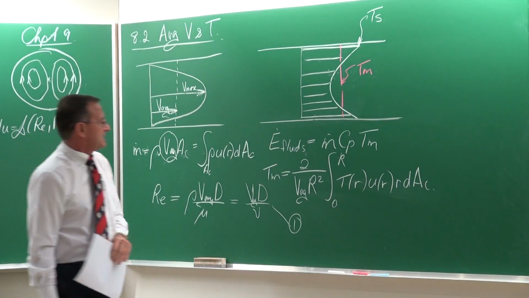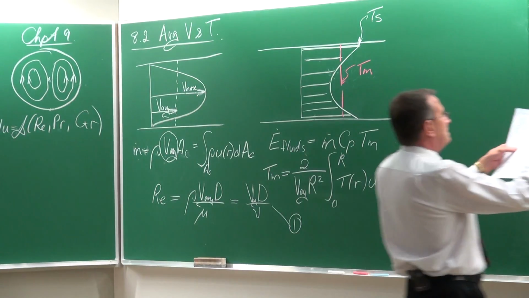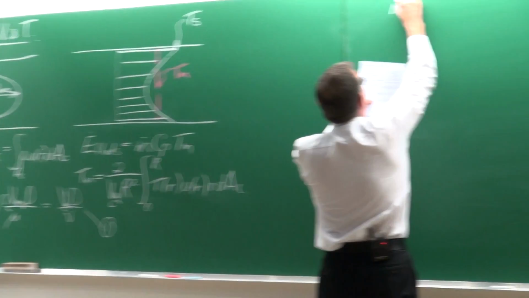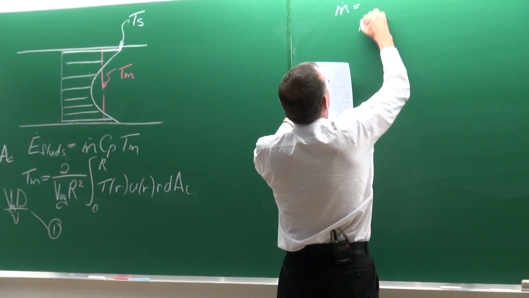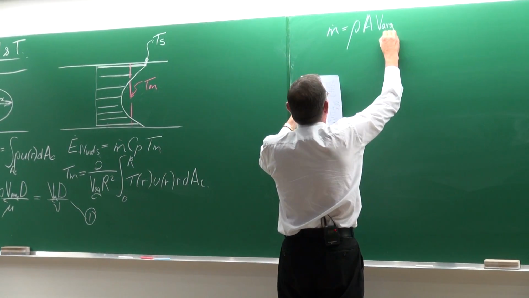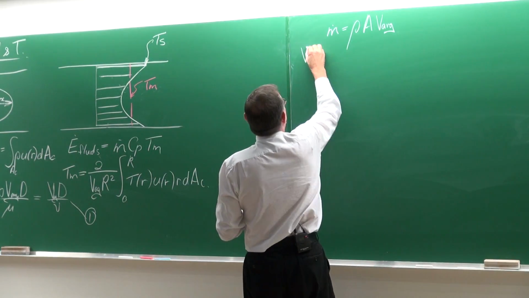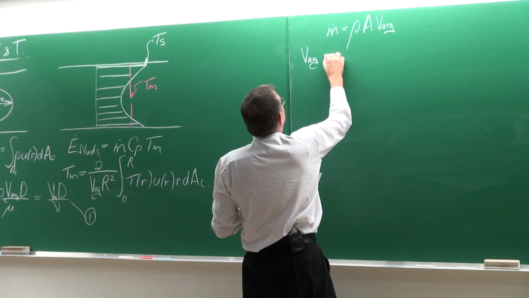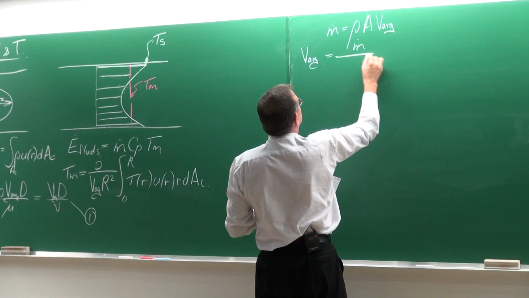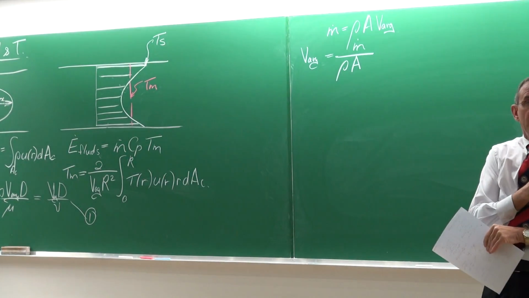Let's say that is equation 1, and then we take into consideration that the mass flow rate is equal to rho multiplied by the area and the average velocity. Then the average velocity is equal to the mass flow rate divided by rho times the cross-sectional area.